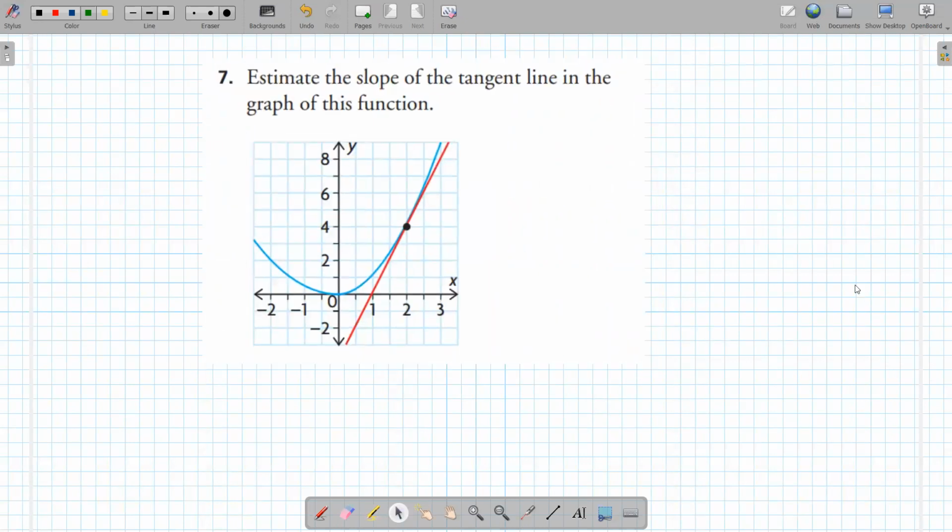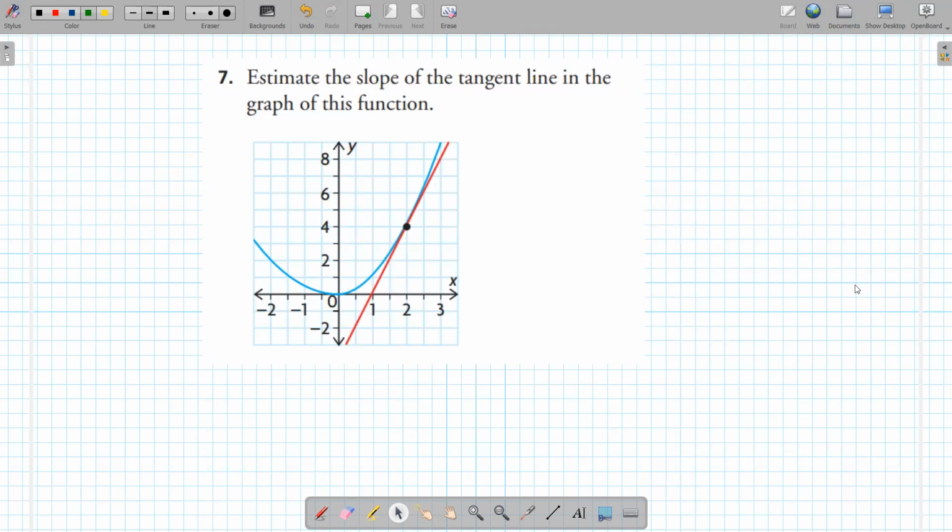What about this one? How would you do this? It's just asking to find the slope of the red line. You just do rise over run for this. It's a one-step answer.